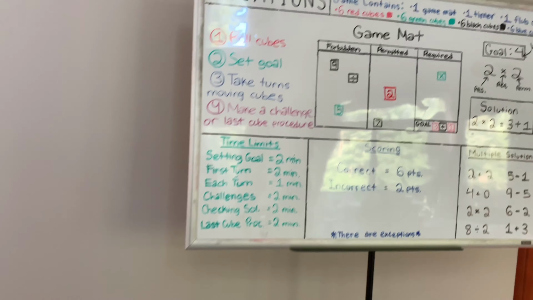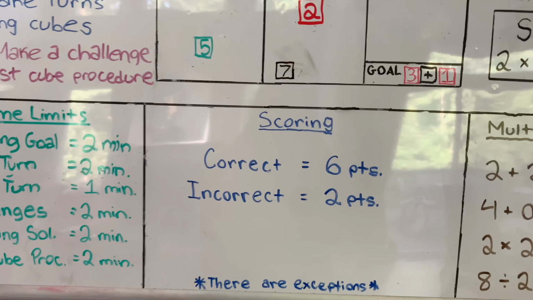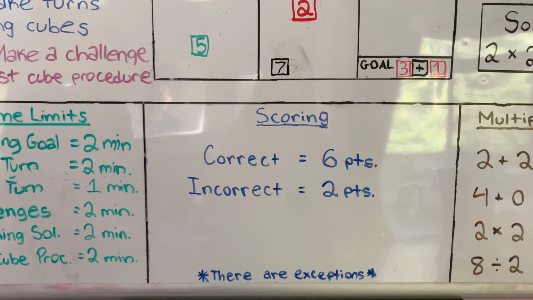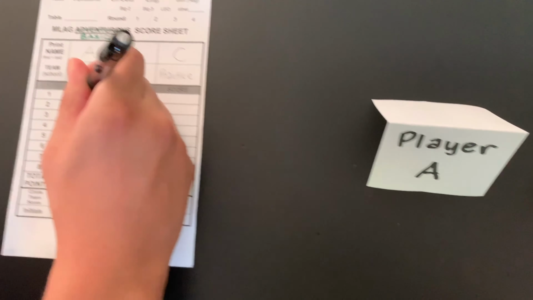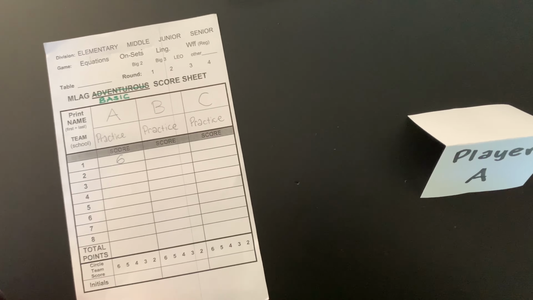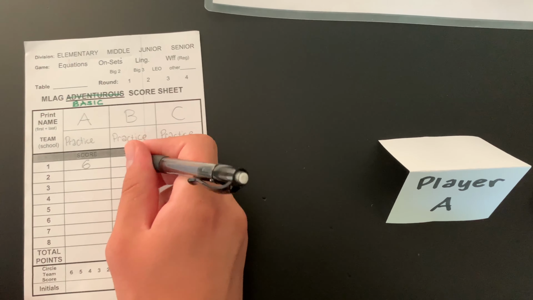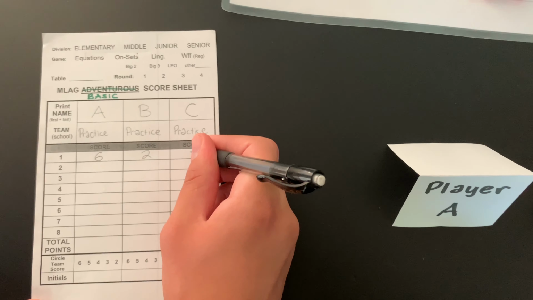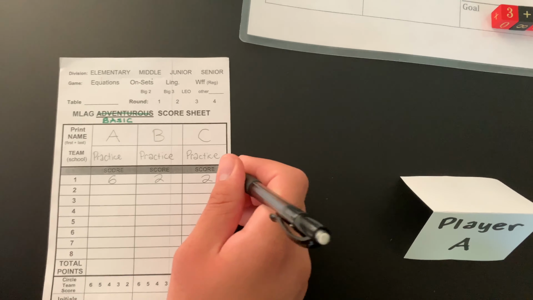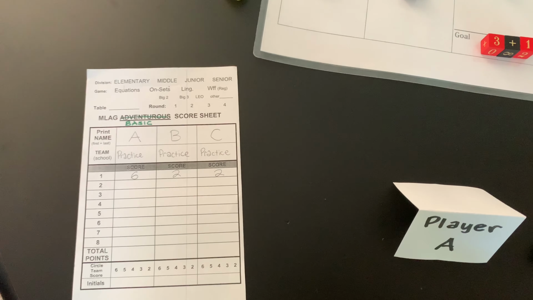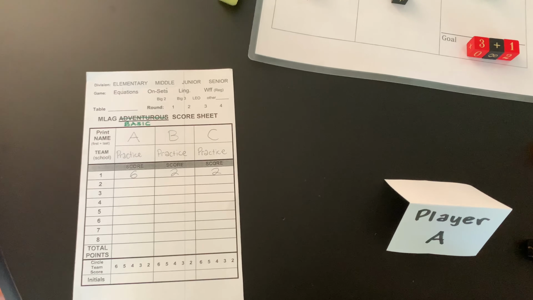In this case, player A would receive 6 points because they had a correct solution against player B. So you'd write 6 in their spot there. Players B and C were not able to win, and because player A had a correct solution, and they called now, they would get 2 points. And that would be that shake.